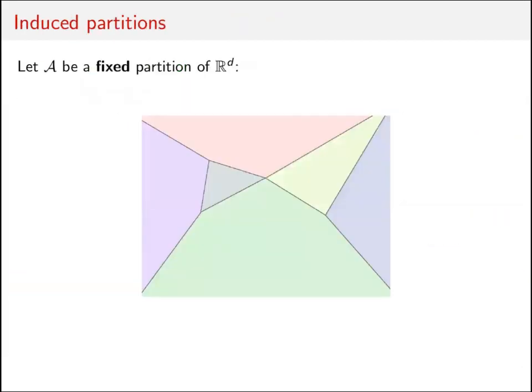Now let me change slightly the view on that topic, put this MAP aside and consider a much simpler approach to partitioning. Namely, say we arbitrarily at the beginning choose a fixed partition of the observation space, as in here.